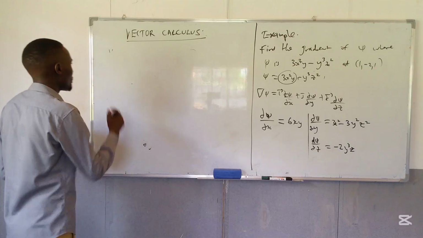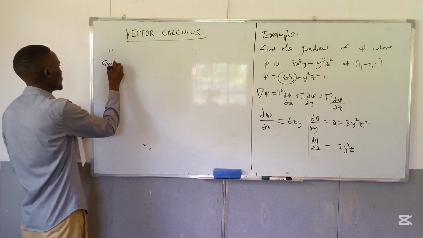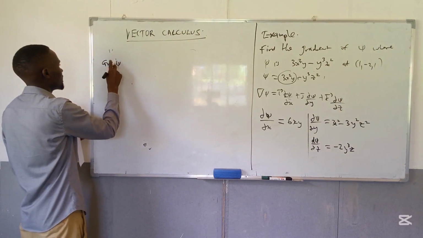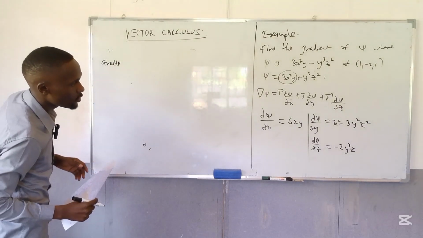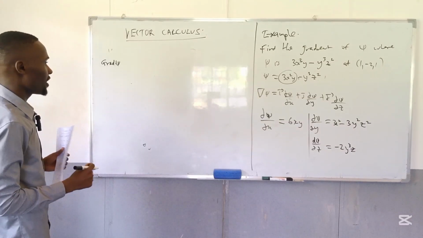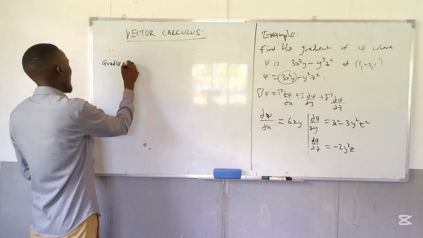So from there we just substitute the dphi over dx, plus also the dphi over dy and the dphi over dz, into our formula.